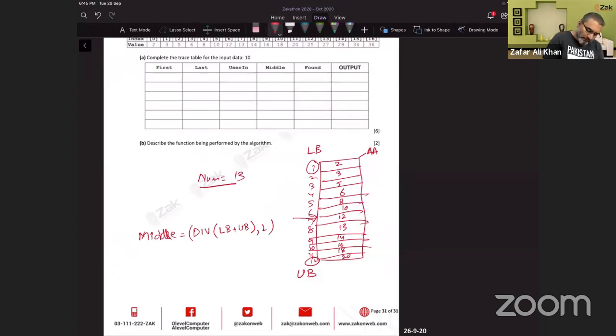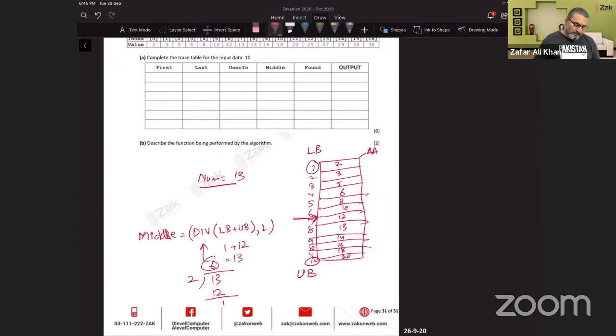So what is the lower bound? 1. What is the upper bound? 12. So what is it? 13. 13 divided by 2, 6. 6 sixes are 12, remainder is 1. So this is div. So there we go, 6.